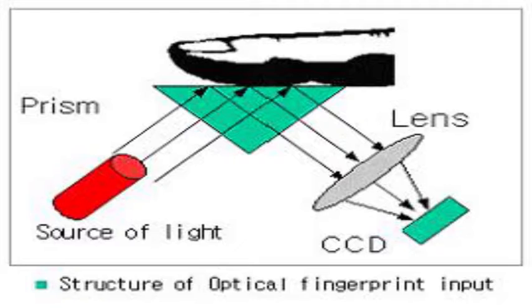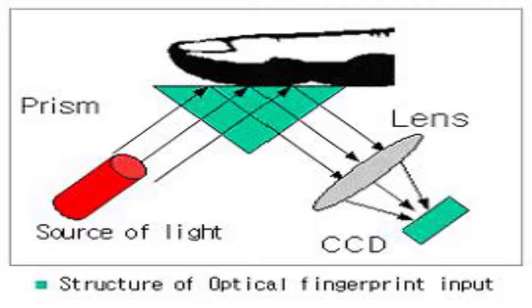Optical fingerprint imaging involves capturing a digital image of the fingerprint using visible light. This type of sensor is essentially a specialized digital camera. The top layer of the sensor, where a fingerprint is placed, is known as the touch surface.